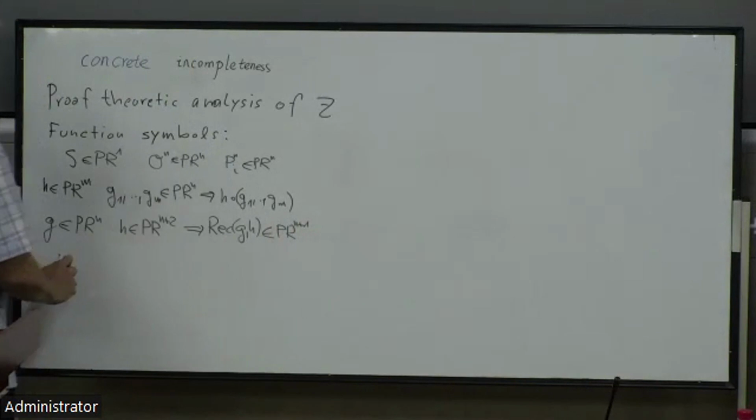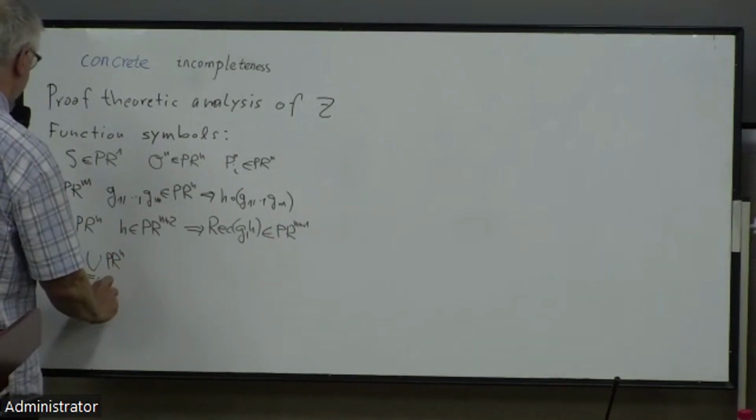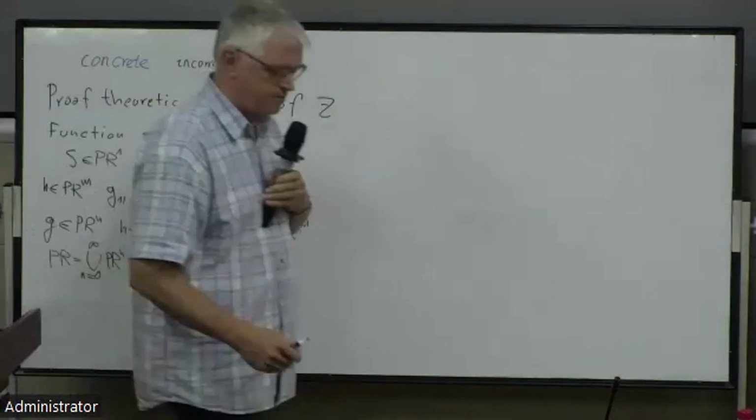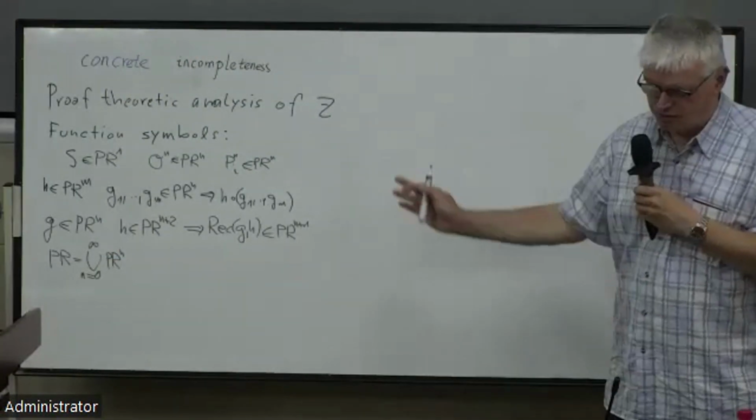And the list of all function symbols is the set PR, which is the union over all PR_n, n from 1 or 0, it does not matter, the union over all these function symbols. Now, this is the set of function symbols which I use in my system.